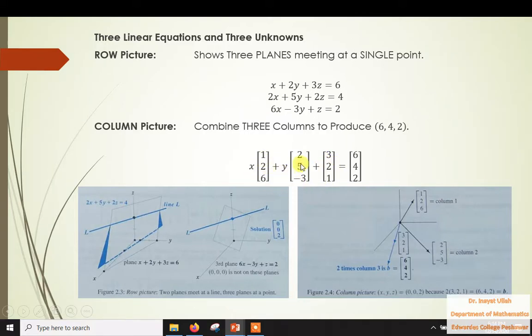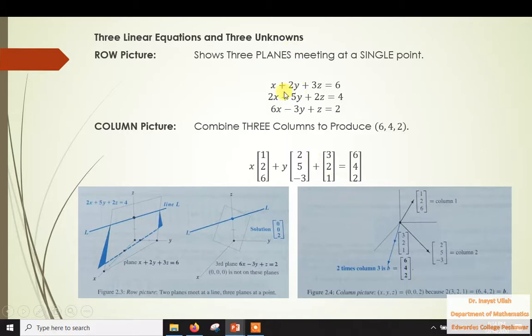The linear combination of three vectors which give us a resultant vector, column vector, is the column picture of 3 linear equations.